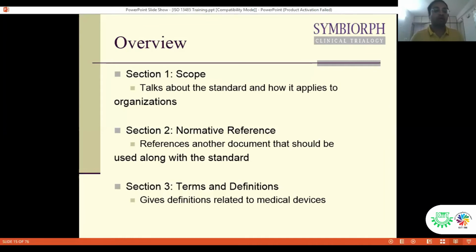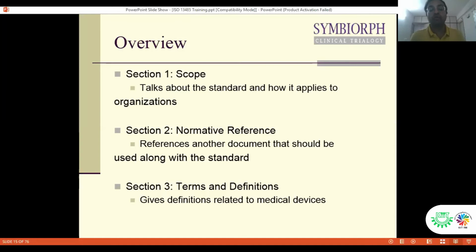Now the second clause, or second section, we call it normative reference. What you mean by normative reference is what all applicable standards, starting from ISO 9001 or ISO 13485 or the Indian Medical Device Rules or ISO 60601 or ISO 62366, are going to get applied to your product, to your standard, or to your system.